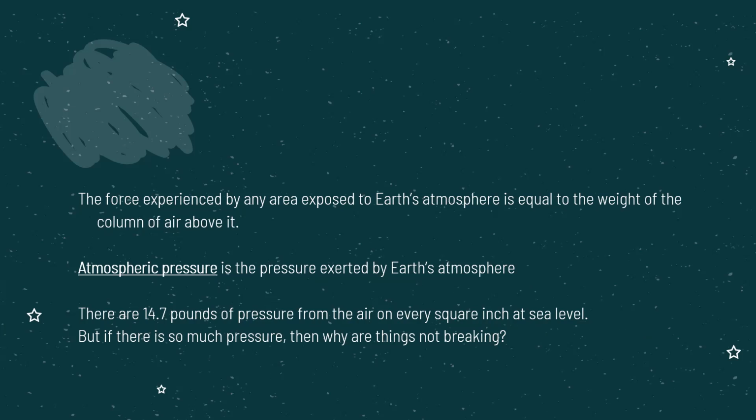How can you hold that out without it bending, without it folding? If there's 14.7 pounds on every square inch, how are you not breaking a piece of paper? Honestly, how are you staying alive? How is your back not getting broken yet? Does anyone have an idea of why that might be?